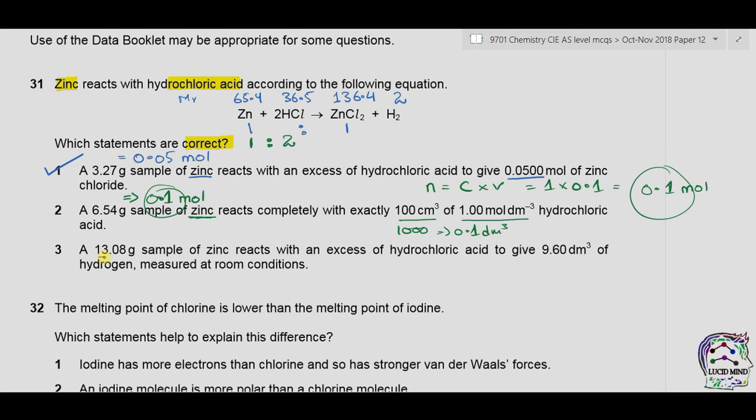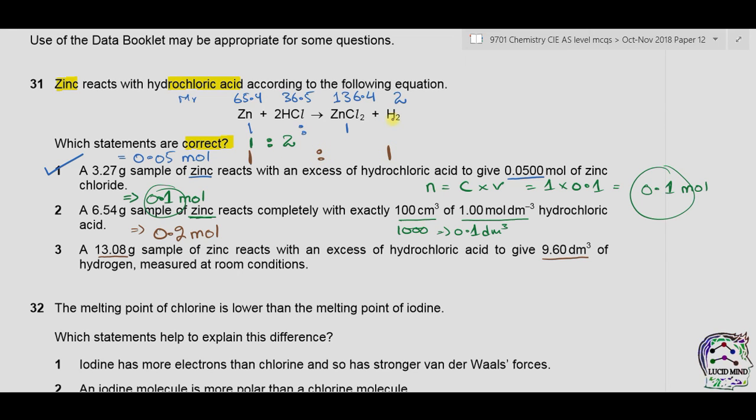Option 3. A 13.08 grams sample of zinc reacts with an excess of hydrochloric acid to give this volume of hydrogen measured at room conditions. Let's convert this mass of zinc into moles. Moles is equal to mass in grams divided by 65.4. So the moles come equal to 0.2 mole of zinc. Now the ratio between zinc and hydrogen is 1:1.